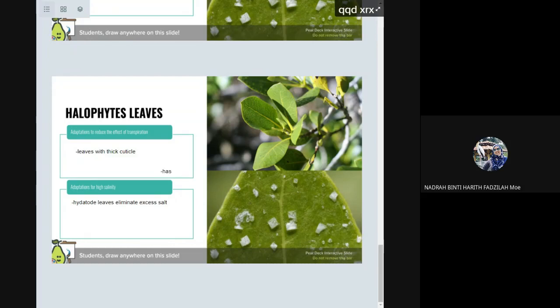Okay. Dah. Okay, untuk mereka yang dah siap kat sini boleh proceed to slide 16 ya, untuk roots pula. Okay, ada ni on the way kot nak buat yang effect of transpiration pula ya.